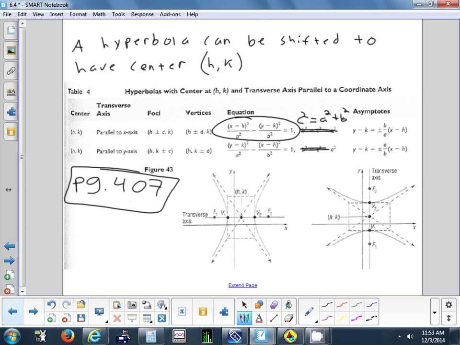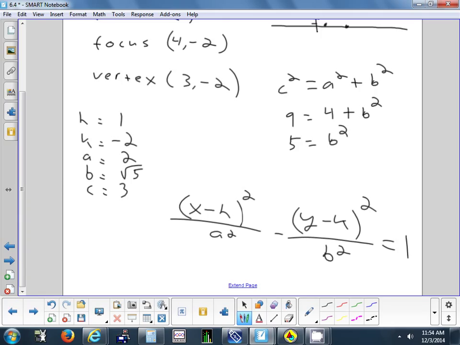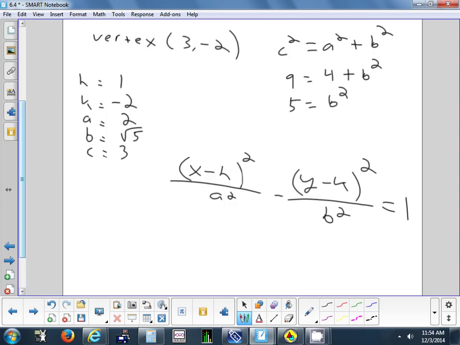Okay, so let's write it down. x minus h squared divided by a squared. And then fill in everything except which 2 letters do we leave alone? x and y. Don't fill in for those. So we're going to have x minus h, and a squared is 4.